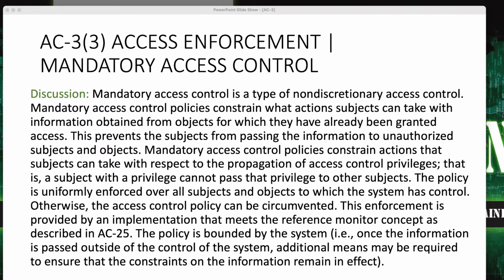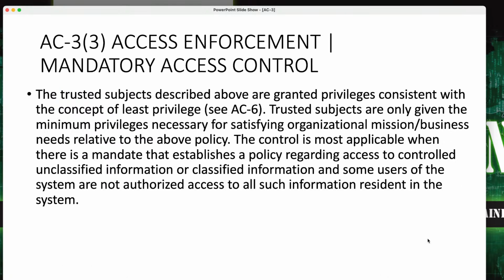So if we go on, there's more to this, right? I told you there's a big control, right? So trusted subjects described above are granted privileged consent with the concept of least privilege, right? They shouldn't have access to anything more than they should.